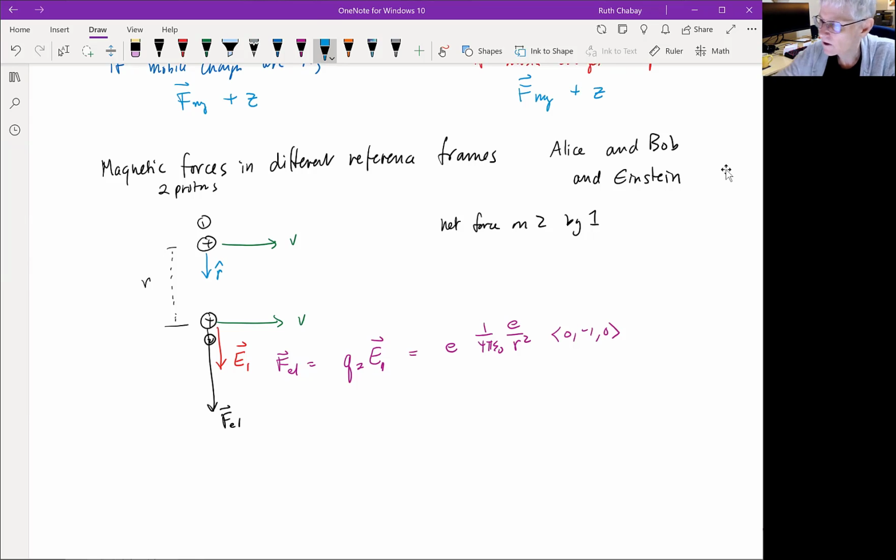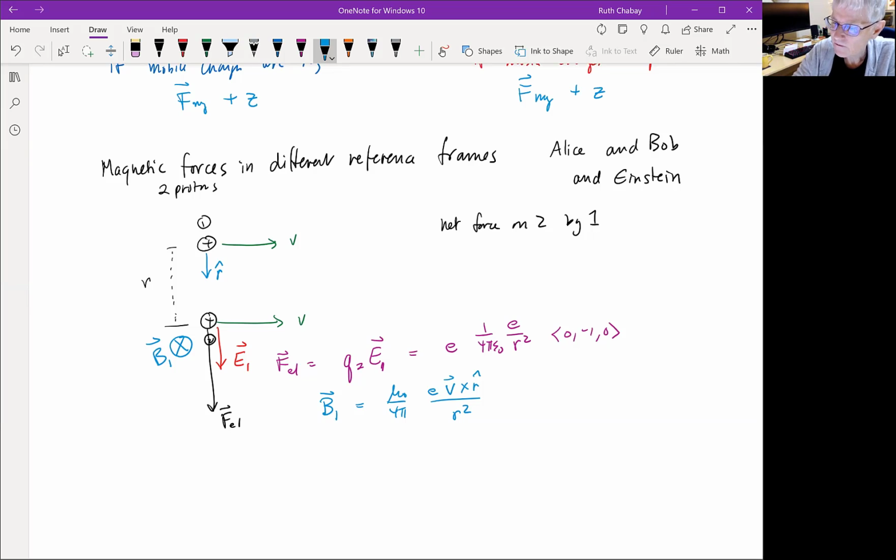So the magnetic field B1 at the location of proton 2 is just going to be mu 0 over 4 pi e v cross r hat over r squared, right? And so v cross r hat, that should be a magnetic field into the page. So we've got magnetic field into the page.